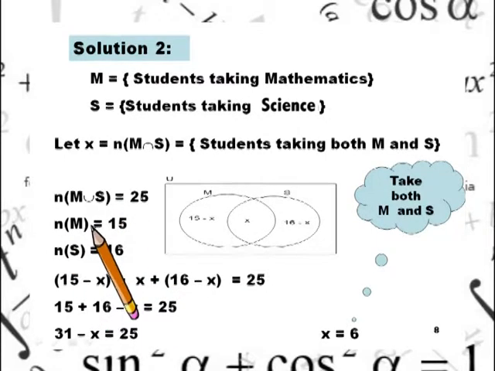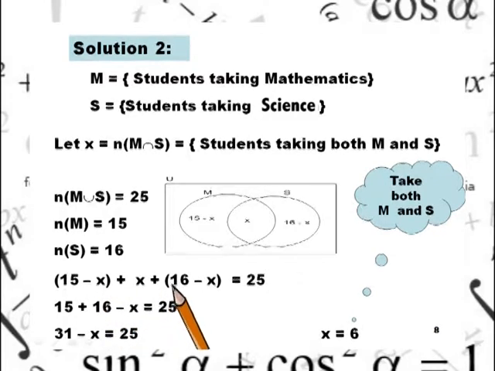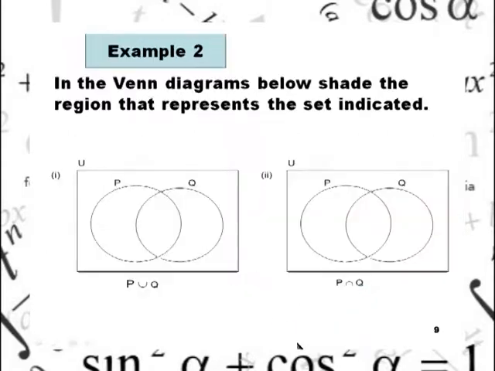The number of elements in M is 15. The number of elements in S is 16. 15 take X plus 16 take X is equal to 25. 15 plus 16 take X is equal to 25. 31 take X is equal to 25. Take both M and S. X is equal to 6.